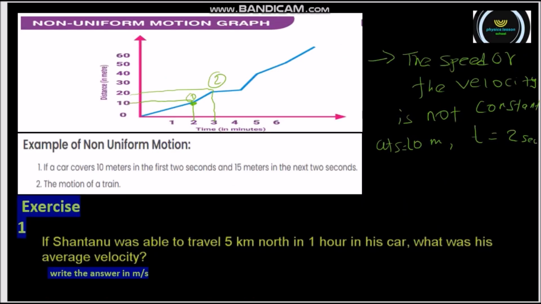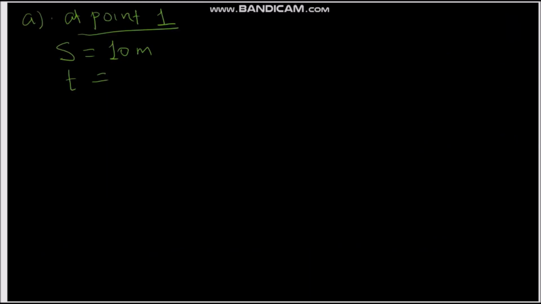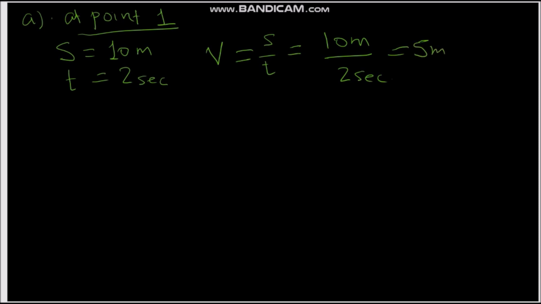It's in seconds: 2 seconds. Then the velocity or the speed is equal to distance over time, which is equal to 10 meters over 2 seconds. It is equal to 5 meters per second.